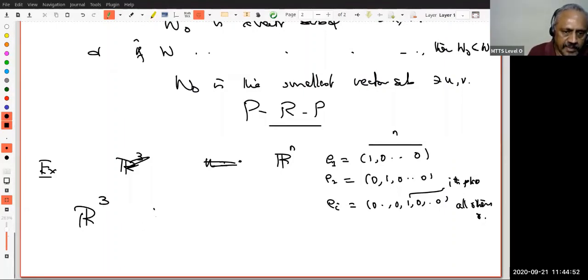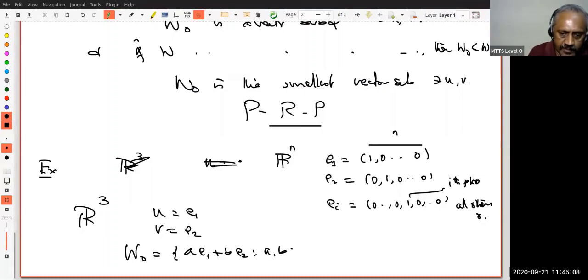Let me take U equal to E1, V equal to E2. What is W naught? That is the smallest vector subspace containing U and V. Notice that it is A times E1 plus B times E2, and A and B vary over R. Now, what is A times E1?